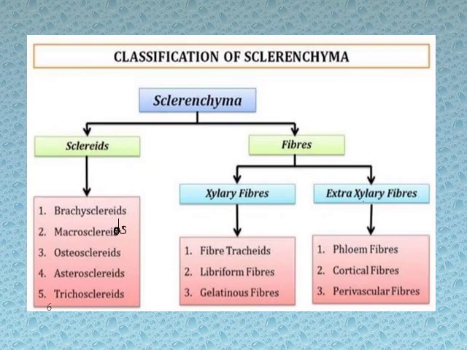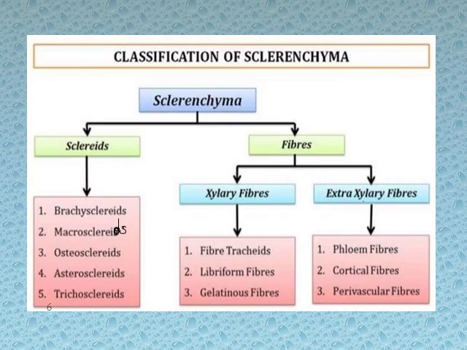The next type of Sclerenchyma is fibers, and fibers are further classified on the basis of their position. So the fibers are of two types. One is xylem fibers, the other one is extraxylary fibers. Xylem fibers are further classified into three types.